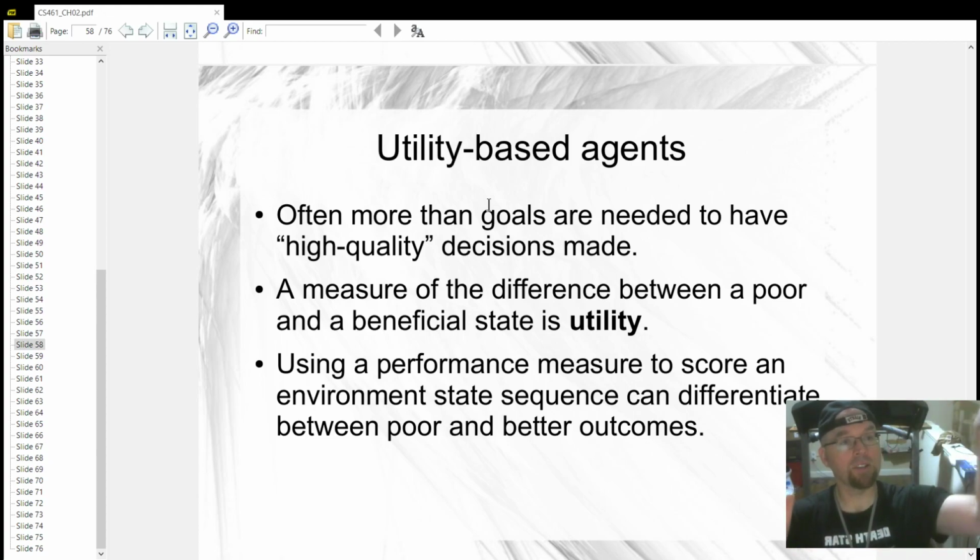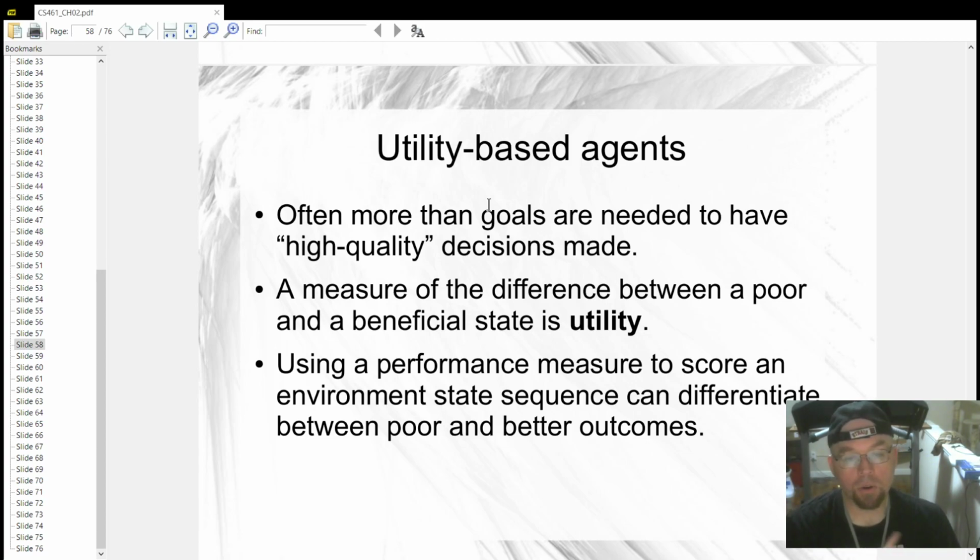Because if Maine's over here, California's here, Nevada is in between California and Maine. Oregon, not so much, right? Because Oregon's going the wrong direction. So the difference in the value of Oregon versus the car being in Nevada, we're talking about a difference of utility. It's a better decision for the car to go to Nevada than it is for it to go to Oregon. Okay?